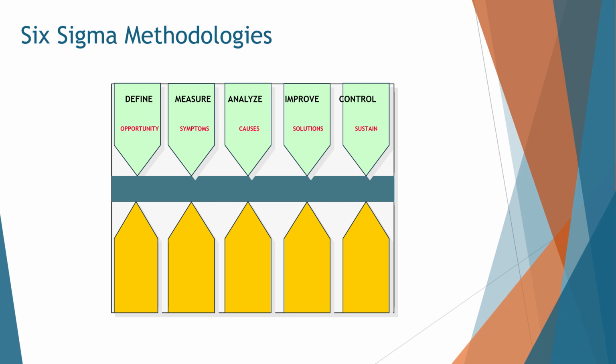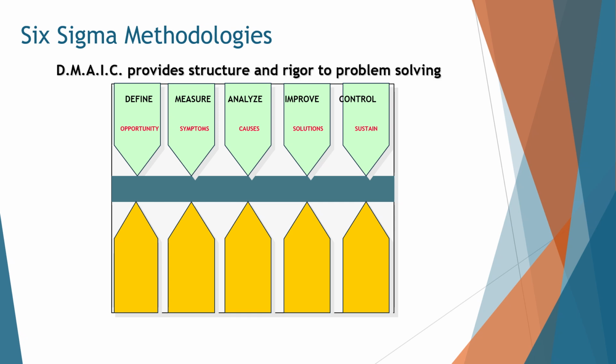You must first define the opportunity, then measure the symptoms, analyze causes, improve solutions, and sustain the positive changes that you made. DMAIC provides structure and rigor to problem solving.